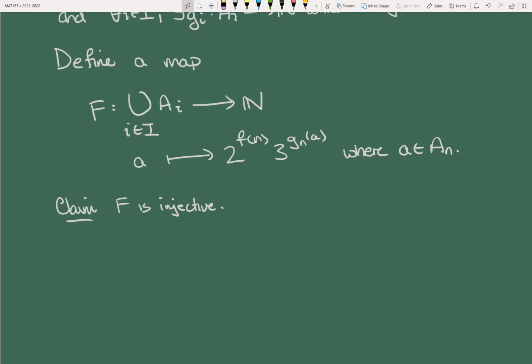So because every a comes from one and only one of the A n's, and then the g n's are injections, this means that every element on the left-hand side in the map will have a unique power of 2 and a unique power of 3. So what this thing here is doing is keeping track of what set you came from, right? So every element in the same set will have the same power of 2.